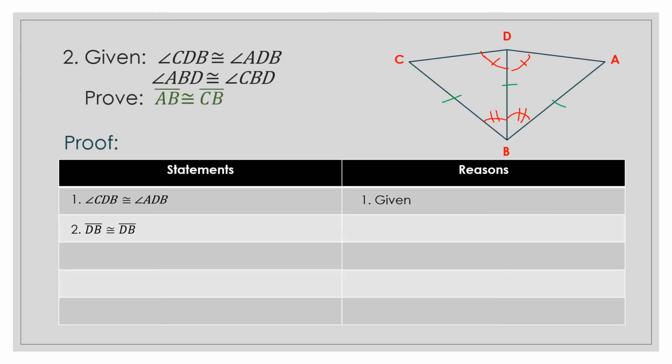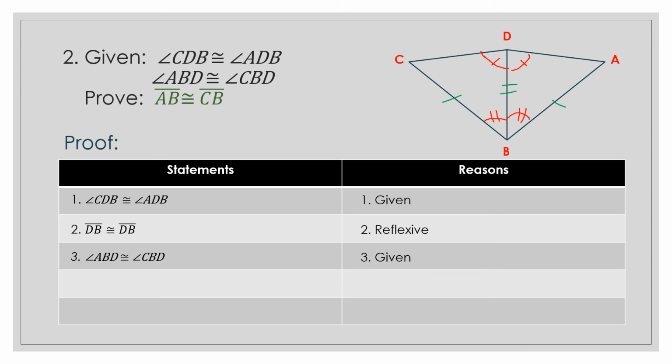This one. And what is our reason for that? Yes, that's right. Reflexive property of congruence. Okay. What statement can you add? Yes, angle ABD is congruent to angle CBD. And that is given.